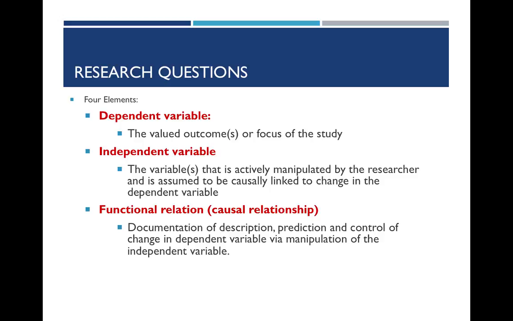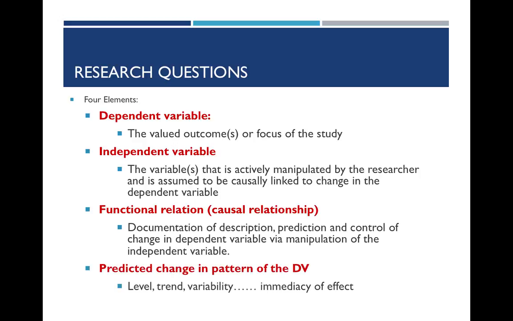We're going to be looking at the ability to discard the likelihood that other uncontrolled variables may have affected a relationship that shows up.